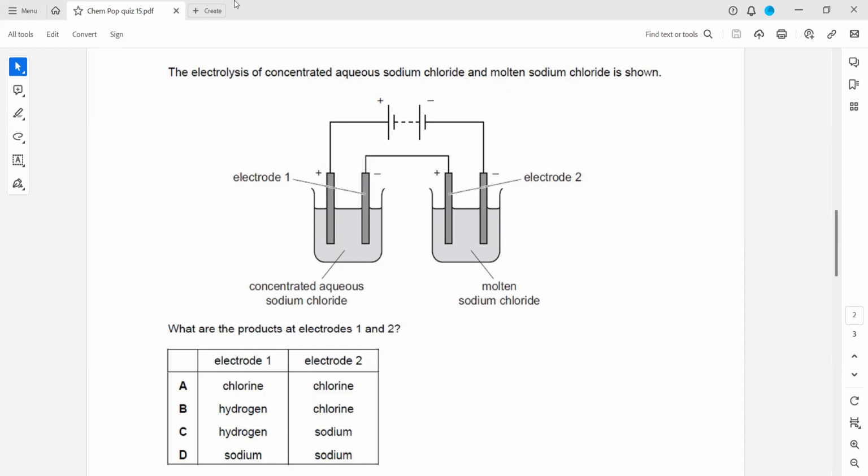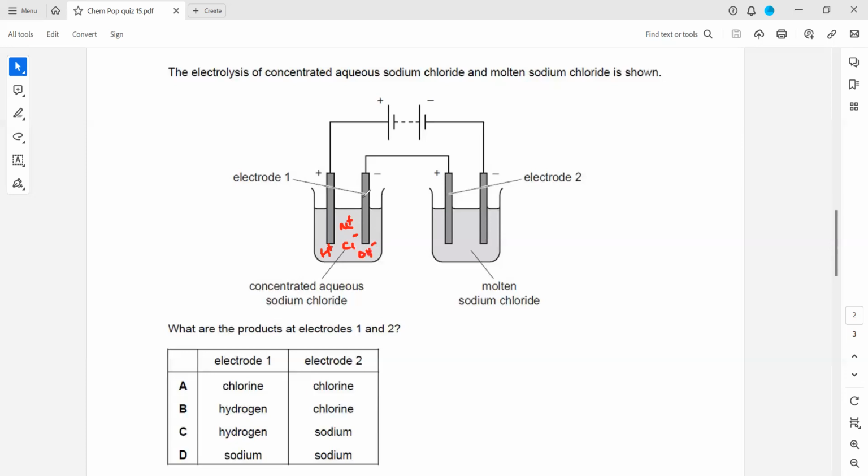We have sodium ion, Na plus ion, Cl minus ion, and hydrogen ion, and hydroxide ion.